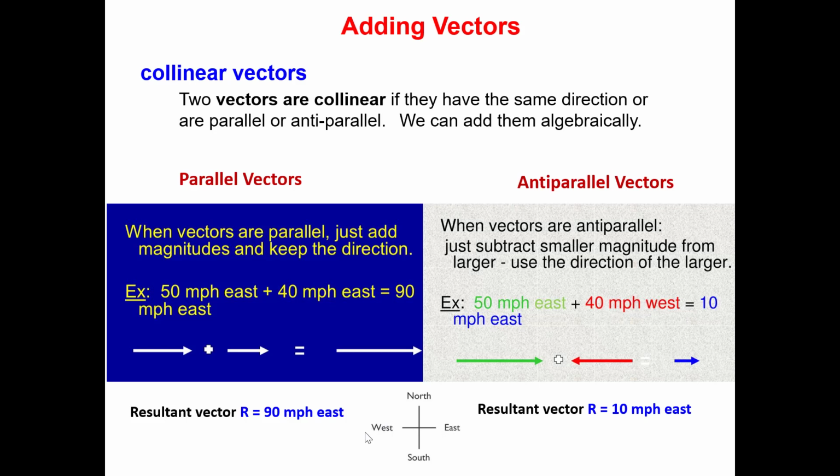These vectors are antiparallel. One is in the east direction, the other is in the west direction. In this case, we subtract the smaller from the larger quantity, 50 minus 40, which is 10. Then we keep the direction of the larger vector, in this case east. The resultant vector, which is this one, corresponds to 10 miles per hour east.